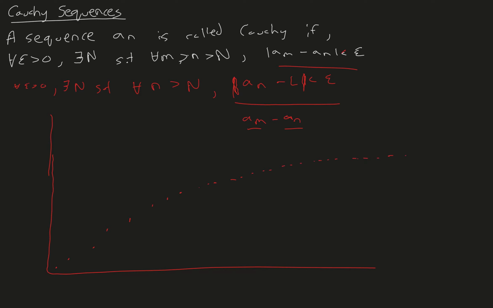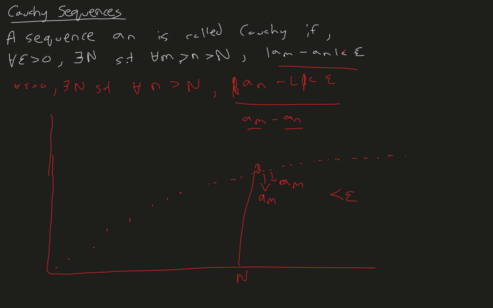A sequence is Cauchy if the distance between any two elements after some certain N, just like we had for convergence, for example this is a_m and this is a_n, the vertical distance, remember, not the horizontal one, the vertical distance, a_m minus a_n, is less than epsilon.